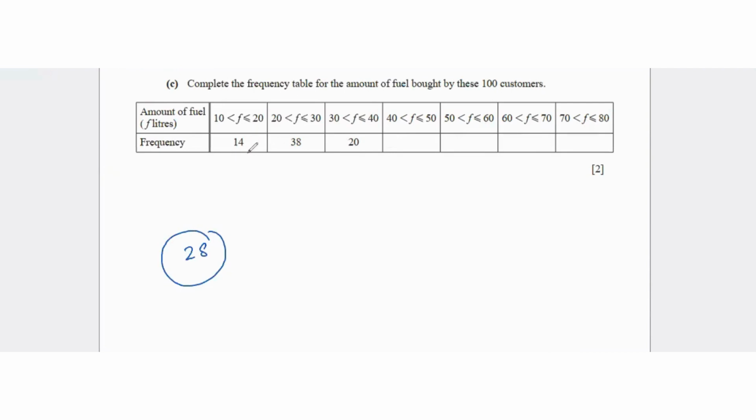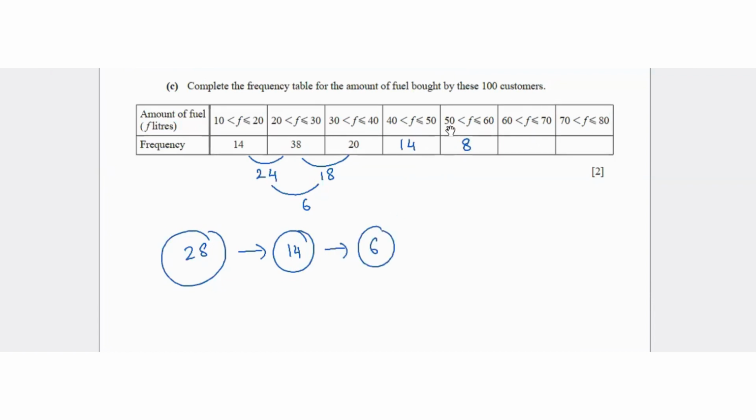Working through the differences, we get 14, then 8, and the remaining 6 is divided as 4 over here and 2 over here.